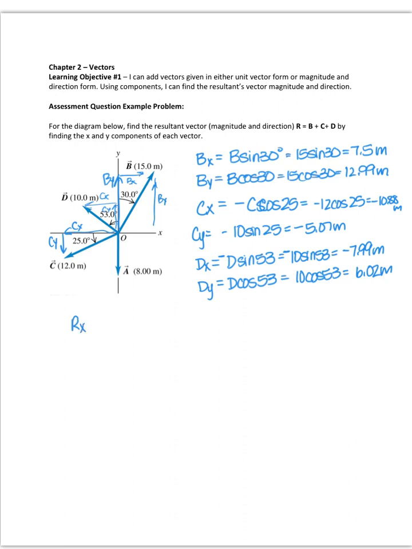Now I have to add all my x components together to find the x component of the resulting vector. And I find that that's minus 11.37 meters. I'll do the same thing with the y components.